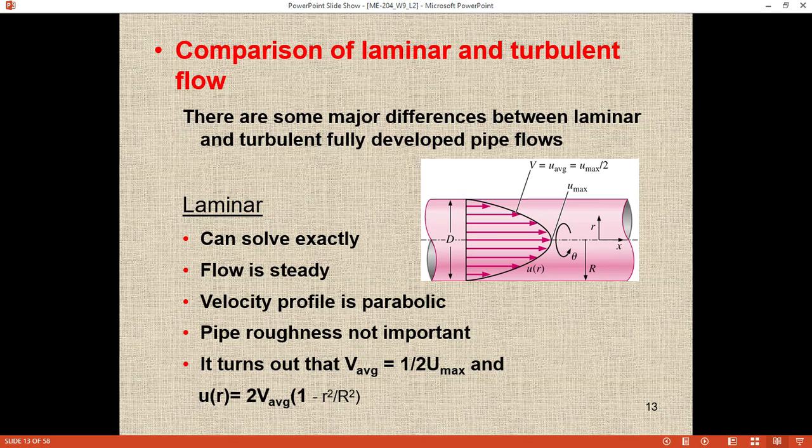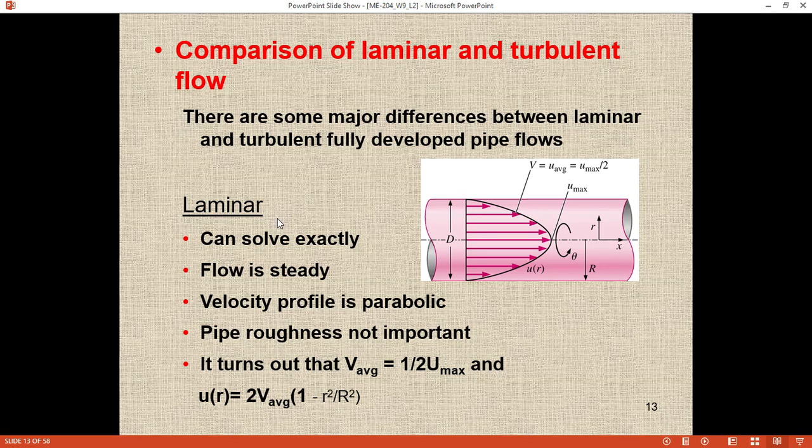Okay, so there are some major differences between laminar and turbulent fully developed flow in a pipe. Here we are talking about the fully developed flow, that is, laminar flow in the fully developed region and turbulent flow in the fully developed region.